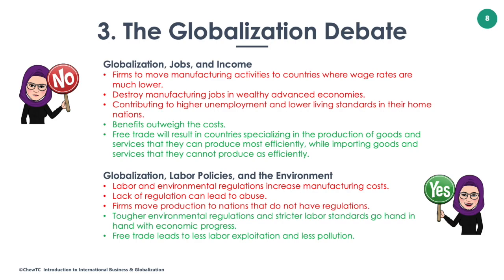We have been mentioning Nike many times, and it was a good example to show how Nike manufacturing production that was initially in the US has been moved to China, India, and other lower wage countries. Hence, it has destroyed jobs for their own American citizens. Therefore, unemployment rate is increasing whereas living standard is declining.